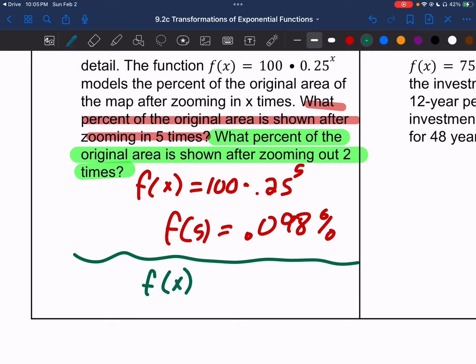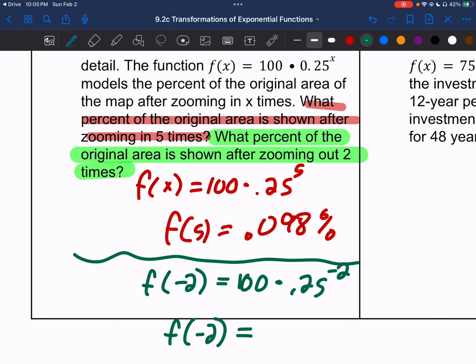So f of negative 2 is equal to 100 times 0.25 to the negative 2nd power. And so we get 1,600%. So 1,600% of the original area is shown if you've zoomed out twice.